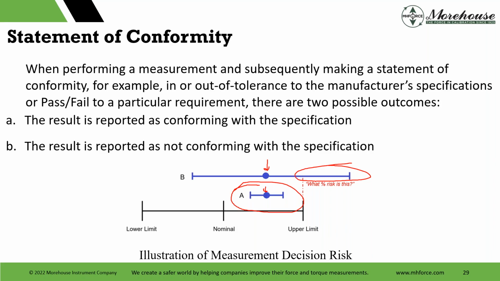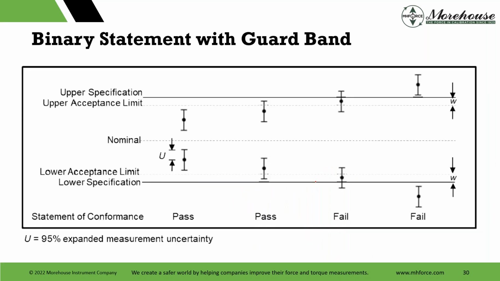And then ILAC G8 goes into these different criteria where you say, hey, all right, uncertainty bands and specification limits, just another way to draw these things. These two scenarios pass, well within, pass. Here, maybe a quarter or a third's out.